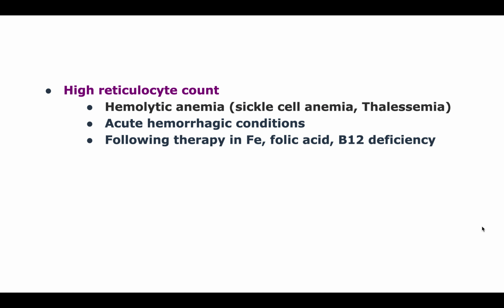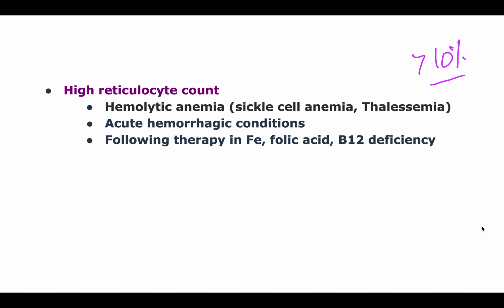Now we can have two options when the reticulocyte count has come. It can be higher or it can be lower. If a patient has a higher reticulocyte count, say 10%, this can be because of hemolytic anemia. What is happening in hemolytic anemia? The RBCs are dying inside the body, killed by the reticuloendothelial cell system.